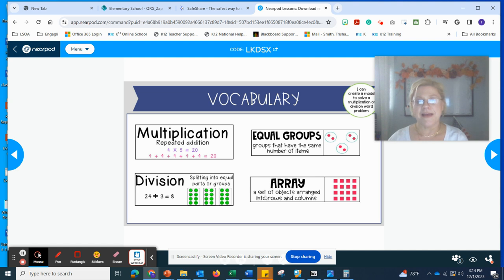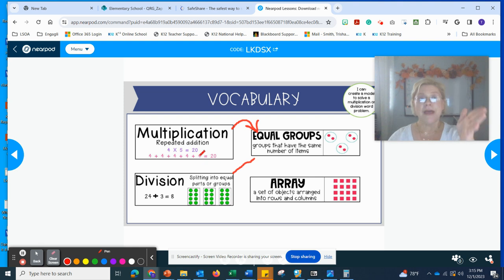An array, a set of objects arranged in rows. Remember rows, like a road, and columns going up and down. And division, right over here, splitting into equal parts or groups. So you think about it, equal groups and division go hand in hand, but also equal is a key word in multiplication.